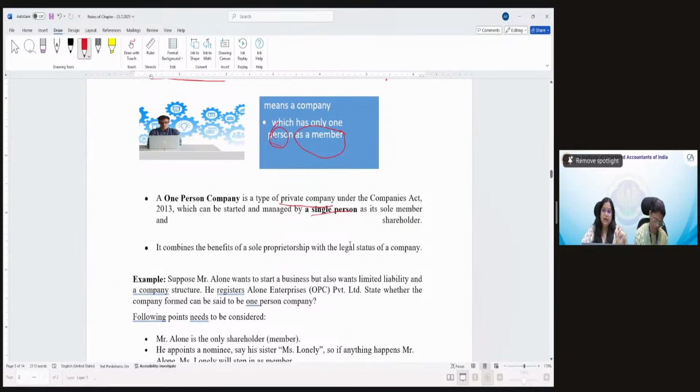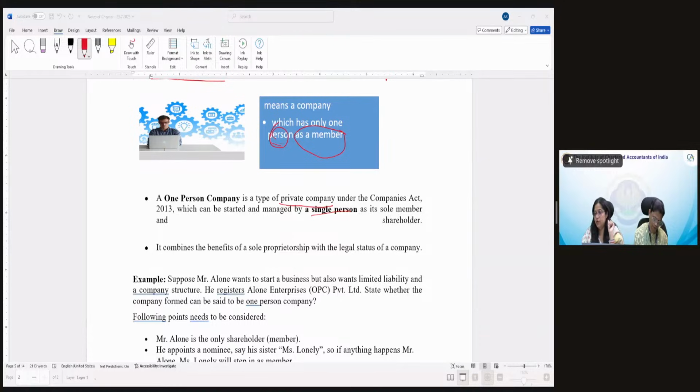Now, if you remember in the foundation classes, you must have read one thing: that the company form of business has perpetual succession. I hope you remember.